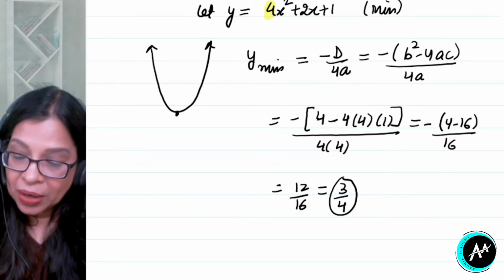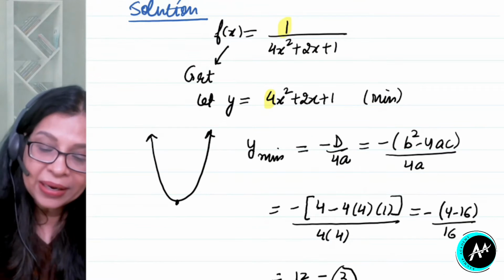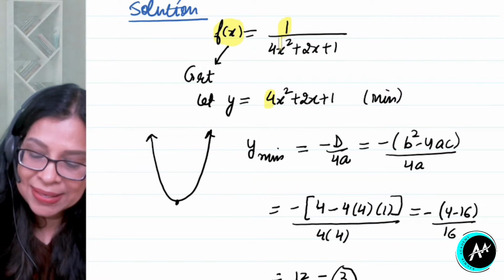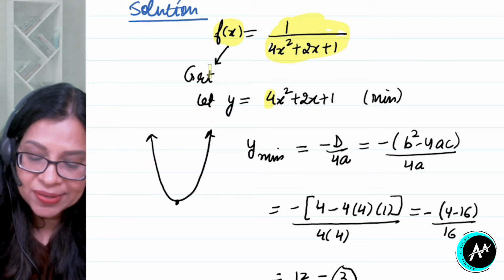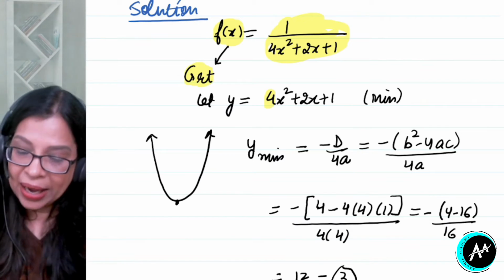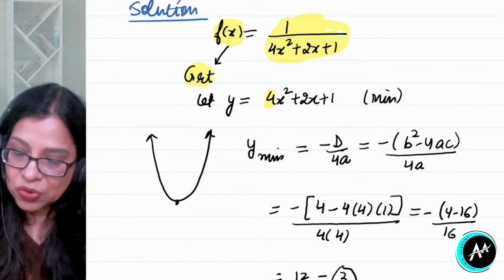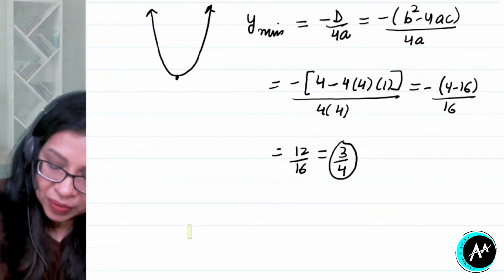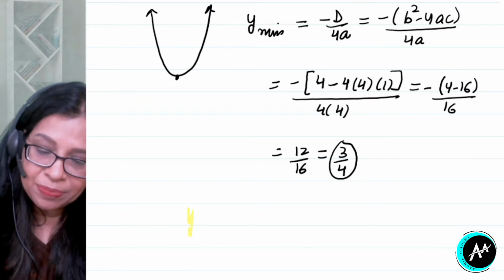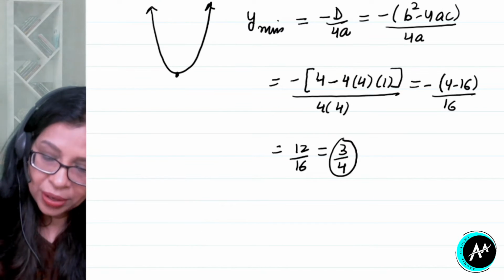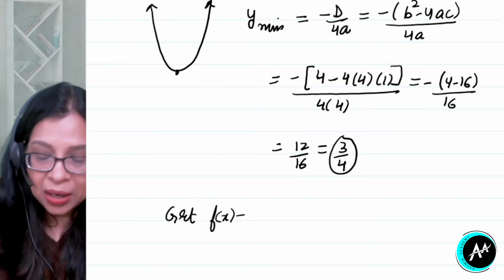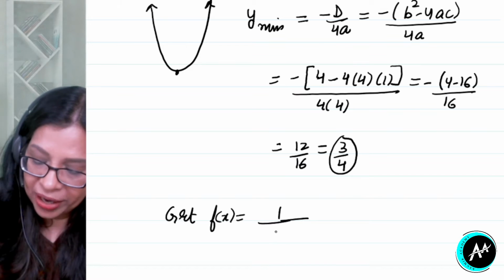Now what do we want? We want, look here, we want greatest value of fx. This is the fx. So this whole is fx and we want its greatest value. So as I said, it will be greatest when denominator is minimum. And what is the minimum value? 3 by 4. So let us put that. So now we can say that greatest value of fx will be equal to 1 upon minimum y, right?